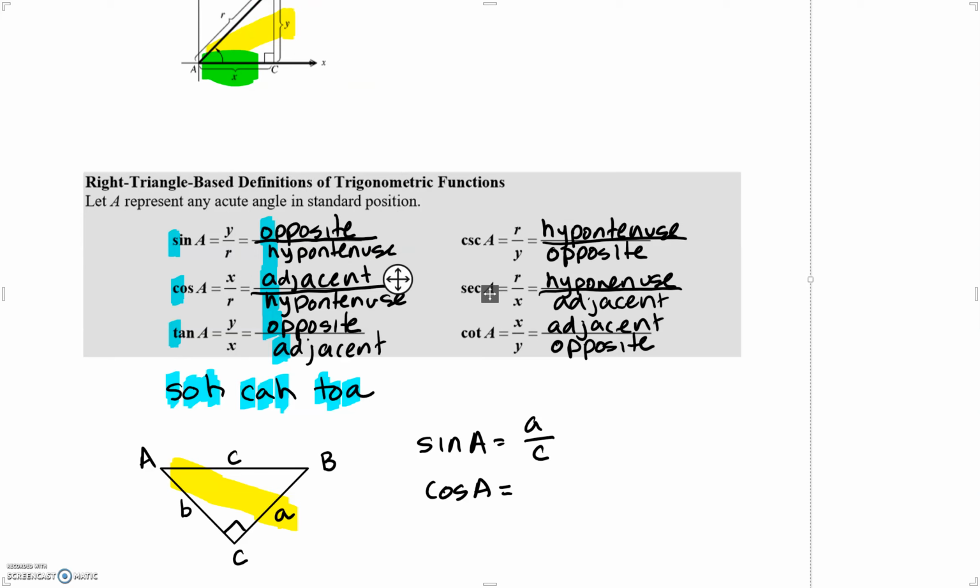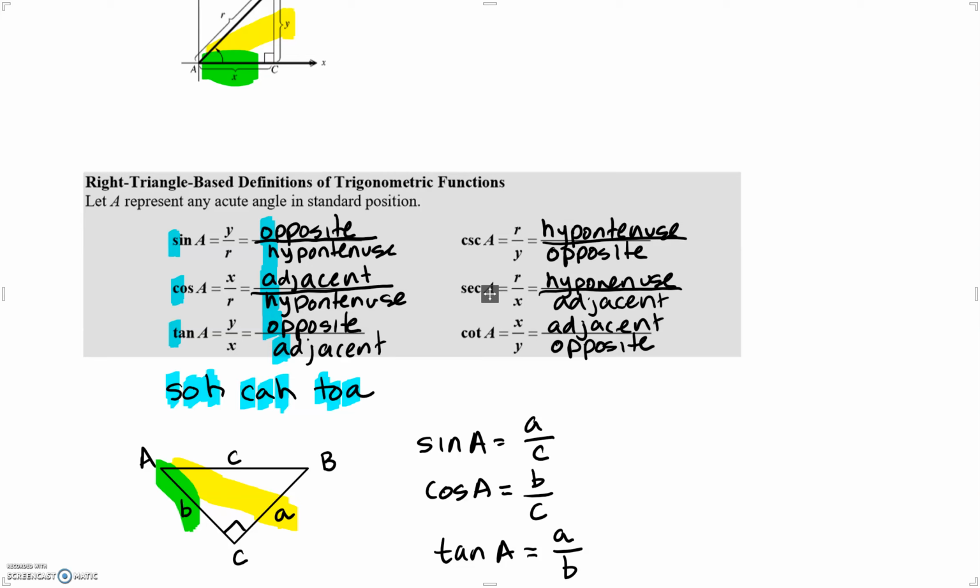Cosine of A is going to be the adjacent, the one that's adjacent to the A, which is B, that's going to be B over the hypotenuse, which is C. And tangent of A. Tangent of A is going to be the opposite, which is the yellow, the A, over the adjacent, the one that's touching the A, that's not the C, which is B.